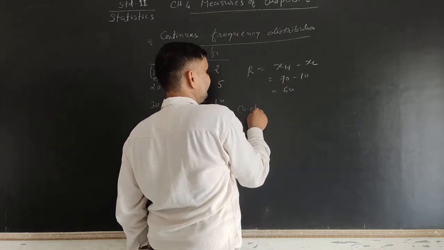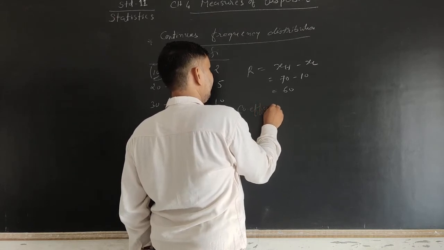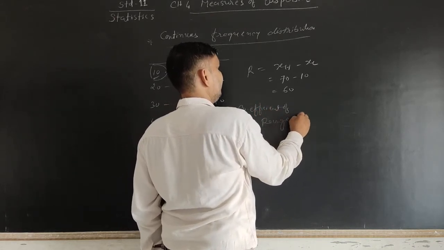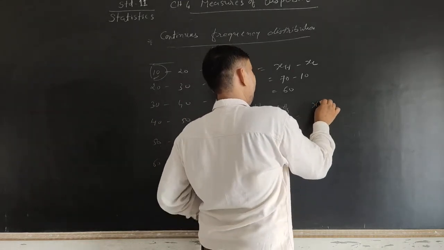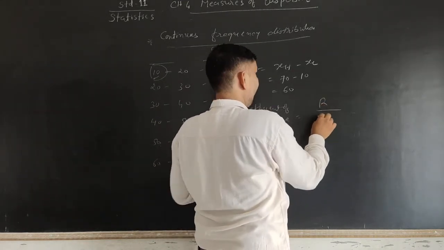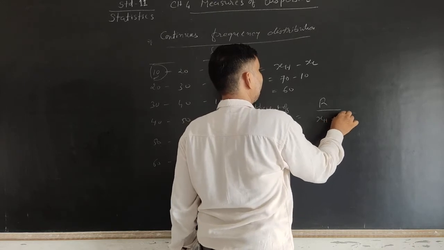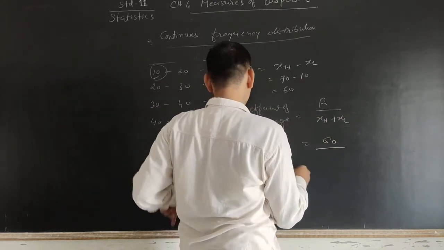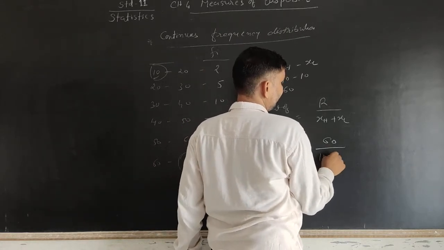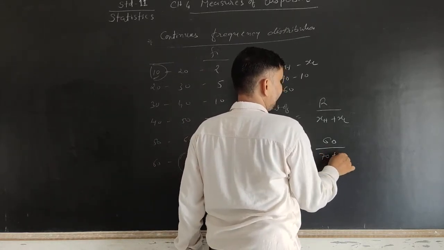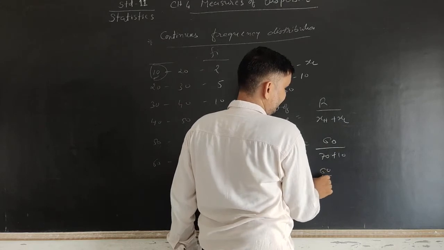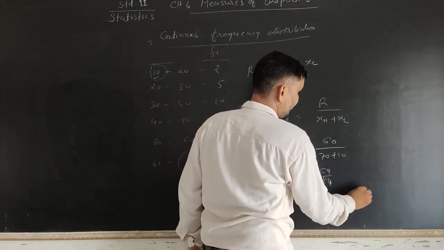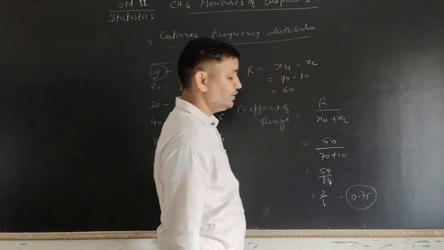Coefficient of range is equal to R divided by XH plus XL. R is 60 and XH plus XL is 70 plus 10, 80. So 60 divided by 80, cancelling the zeros, 6 by 8, so 3 divided by 4, that is 0.75.